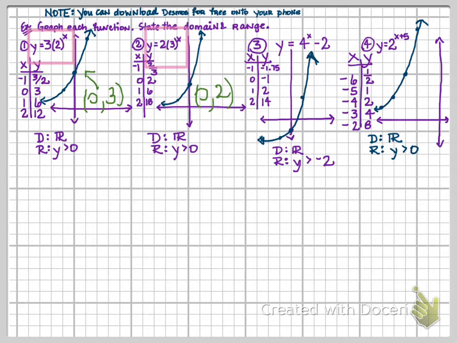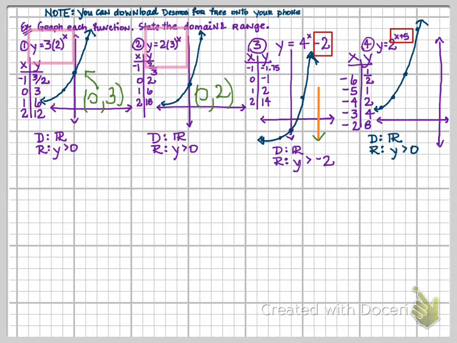So number 3 and number 4 is where we start to see some crazy changes. If you look at number 3, we are subtracting 2 from the exponent part of the function. If we look at number 4, we are adding 5 to the exponent part of the function. In number 3, we have moved down exactly 2 units.